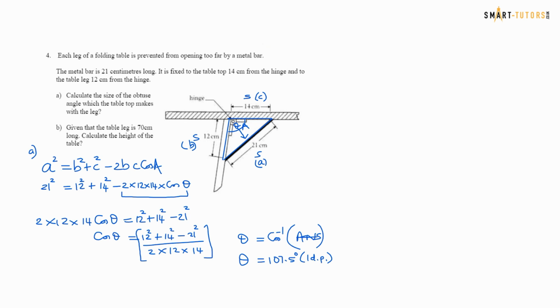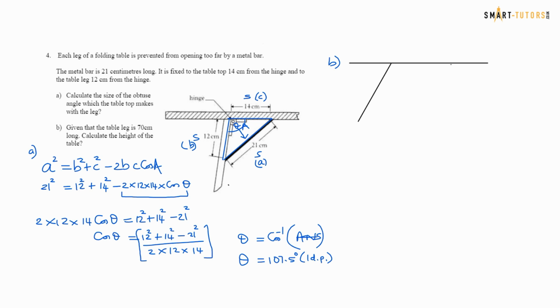B part. Given that the table leg is 70 centimeters, calculate the height of the table. So roughly you need to know what's going on. This is a table, the leg is somewhere here.